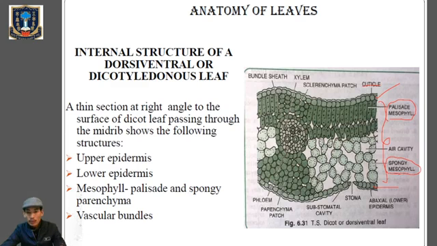Then we will find the vascular bundle, that is xylem and phloem, and these vascular bundles are surrounded by the bundle sheath.